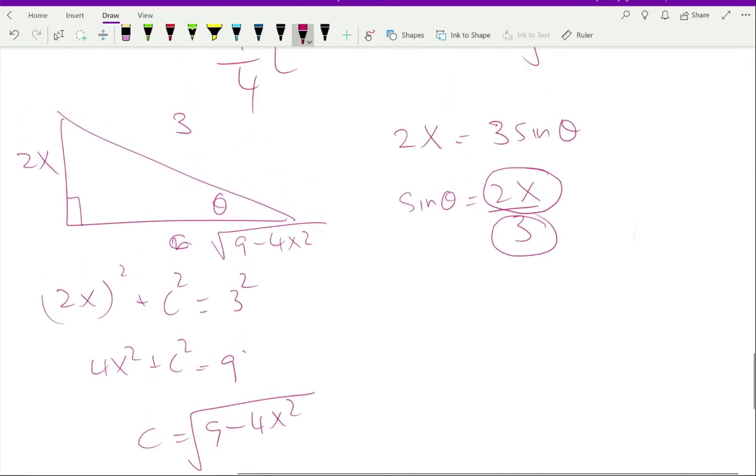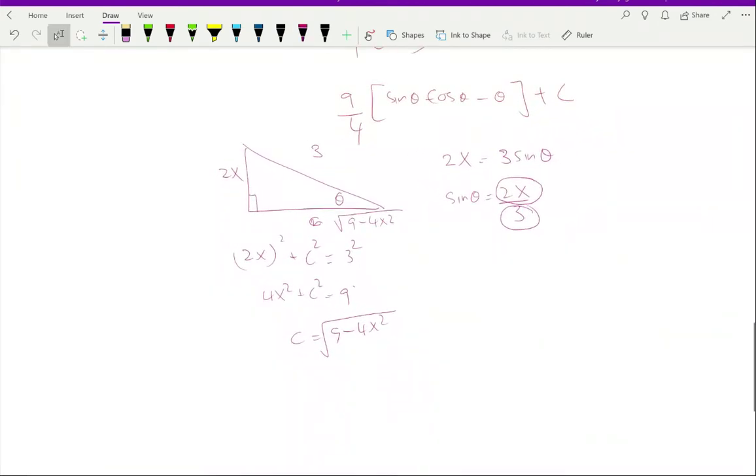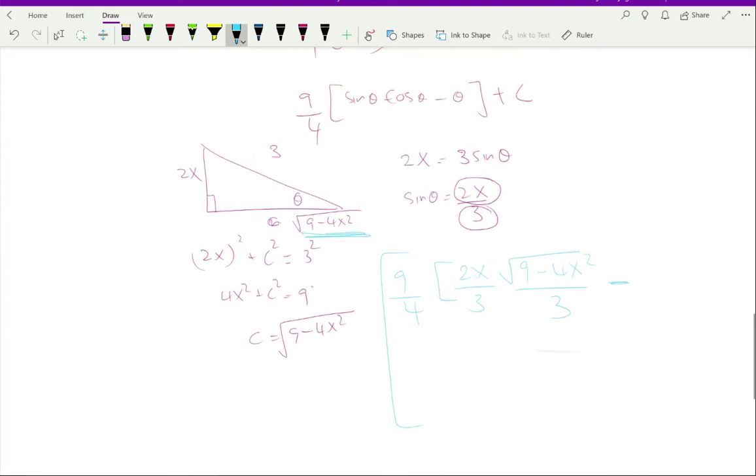So then let's rewrite the answer. The answer should be 9 over 4. Sine theta is, we know, 2x over 3. Cosine theta is the adjacent side, which is the square root of 9 minus 4x square, over the hypotenuse, 3, plus theta.